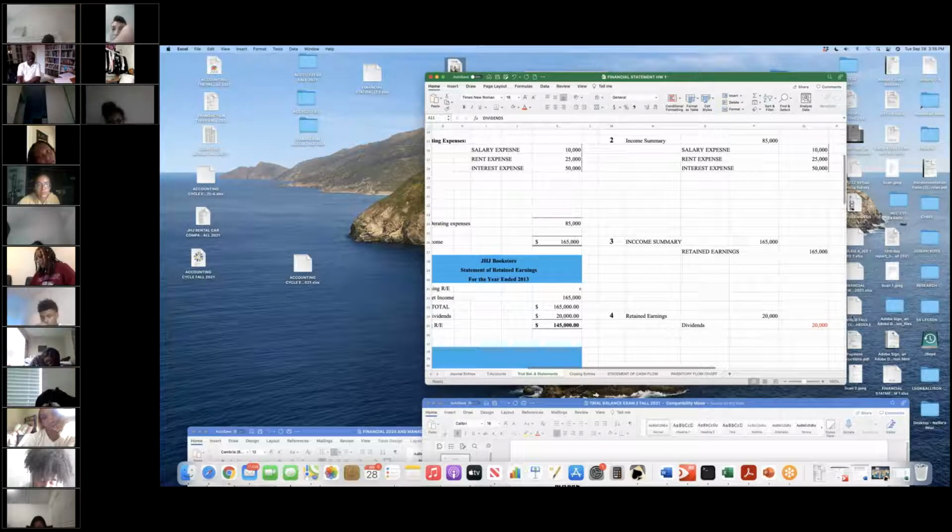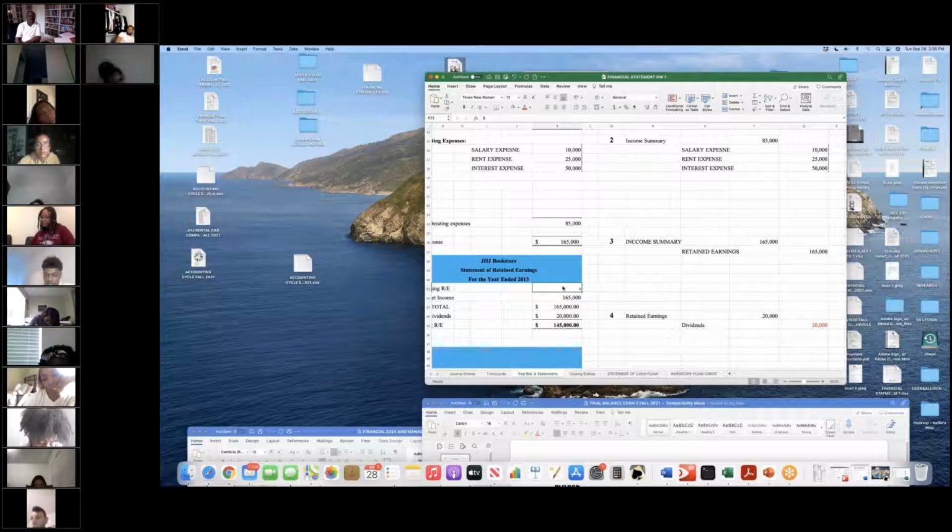After those 4 journal entries are made, beginning retained earnings will no longer be 0. Right now, retained earnings is 0. When these 4 closing entries are made, retained earnings will be 145. So that's what the closing entries do.